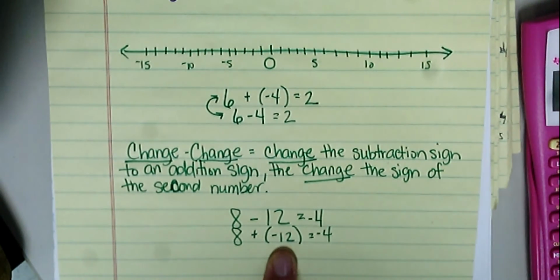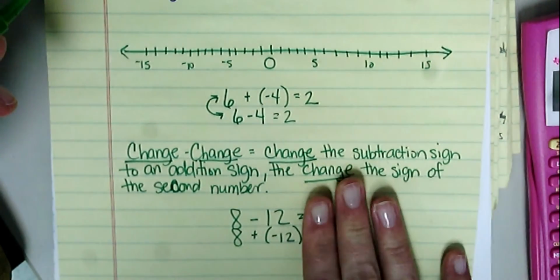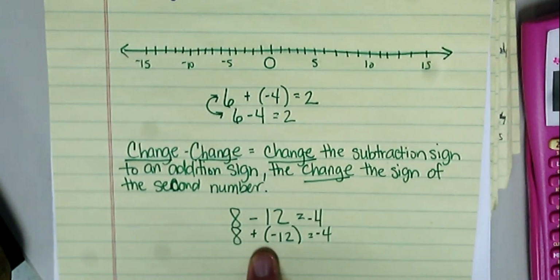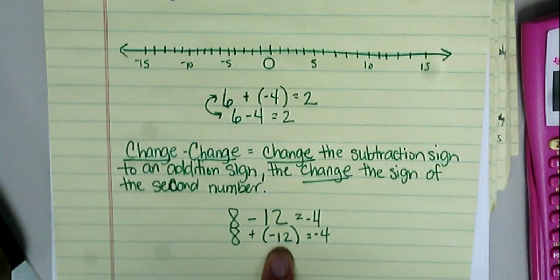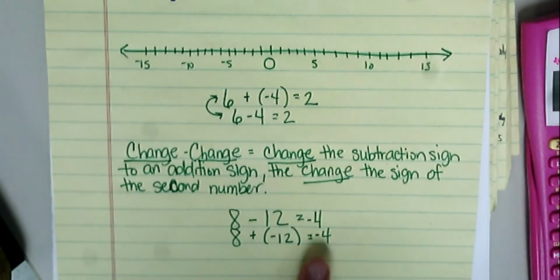Okay? All right, so when you get to this, you can say, well, if I've done change, and I have a positive 8 and a negative 12, I revert back to the rules of recognizing an addition number sentence. If my negative 12 has a greater absolute value than my positive 8, then it's going to be a negative.